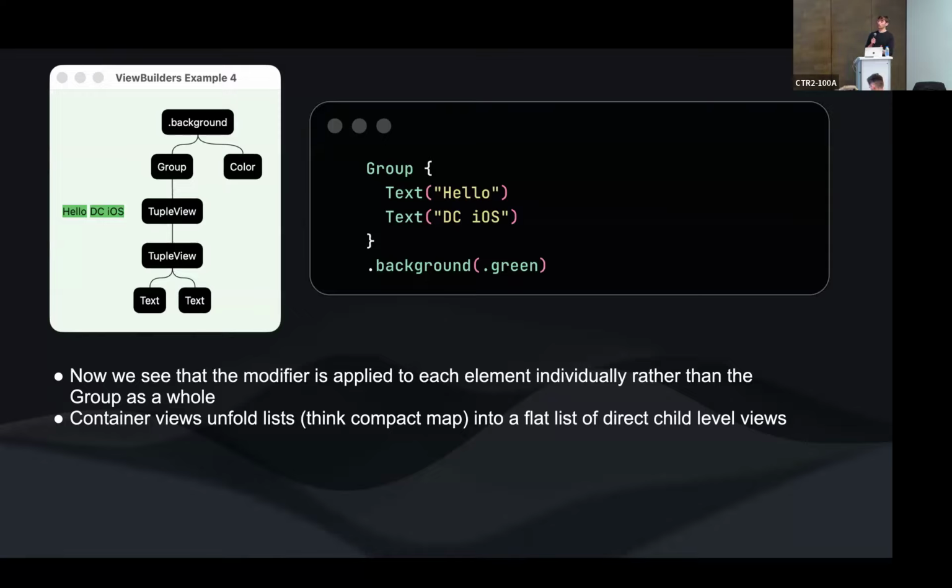And so these background modifiers, or any other modifier we call in this group, are going to be applied like they were applied individually to the text views, which is an interesting functionality and something you might not notice. And this actually works the same if we put an HStack here instead of a group. So it's not just unique to the group API.